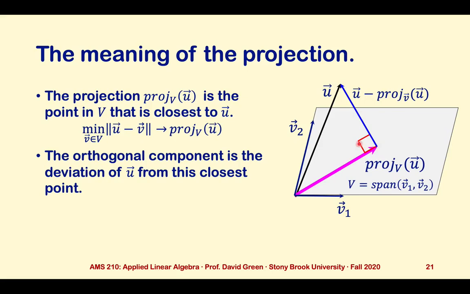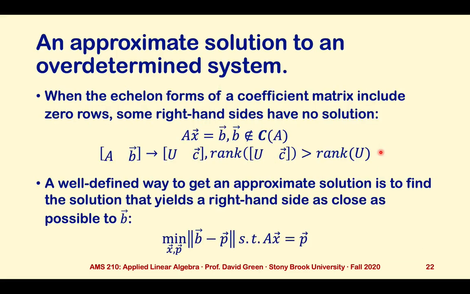It tells us how far away U is from the vector space, using the shortest distance as the measure. These ideas are going to have relevance for what we are going to discuss next.